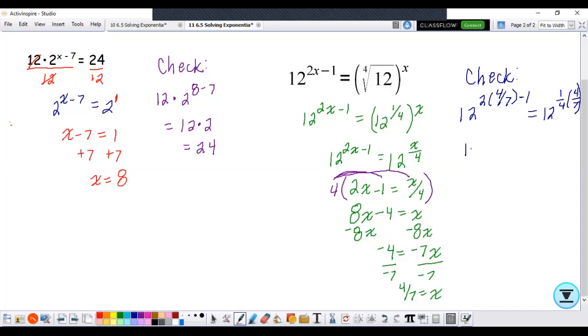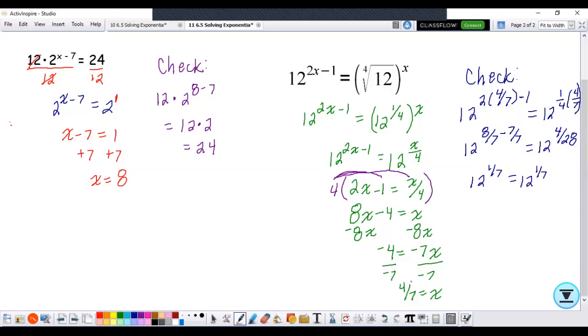So this would become 8/7 minus 1, but in order to subtract, I would need a common denominator, so that's a 7, so 1 is equivalent to 7 over 7. And when I multiply over here, I would end up with 12 to the, multiplying straight across, 4 over 28. I can still simplify on each side. 8 sevenths minus 7 sevenths is 1 seventh. And 4 over 28 also simplifies to 1 seventh.